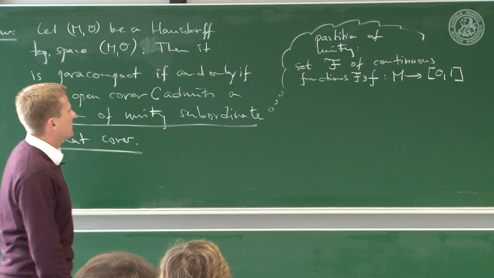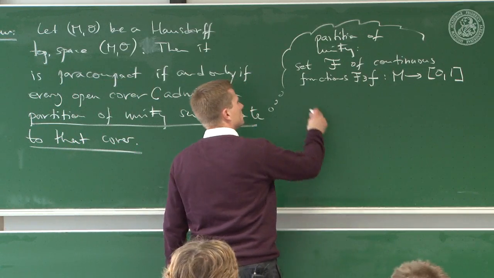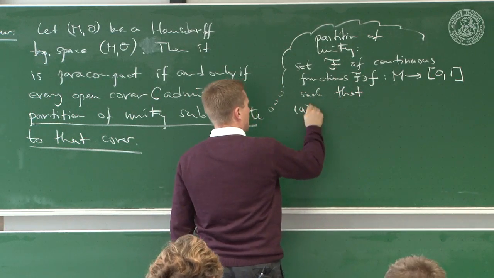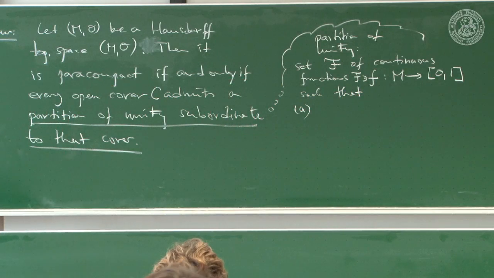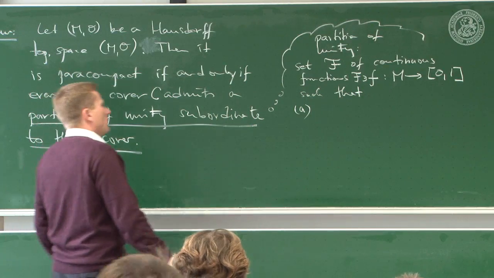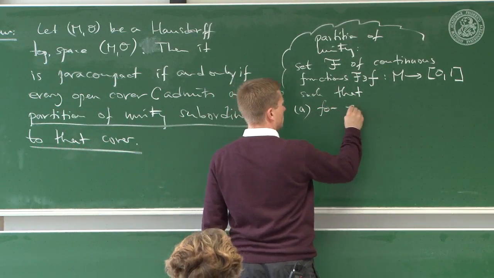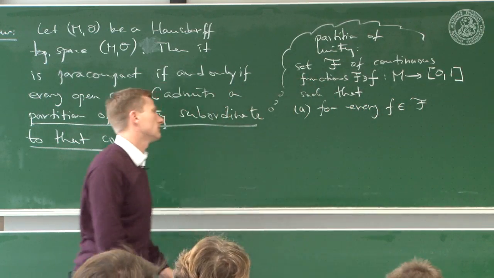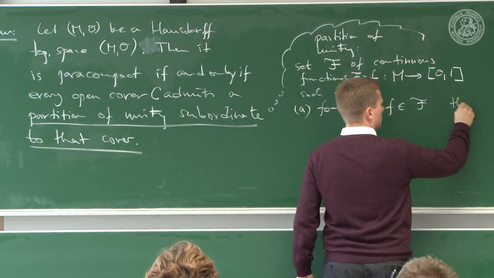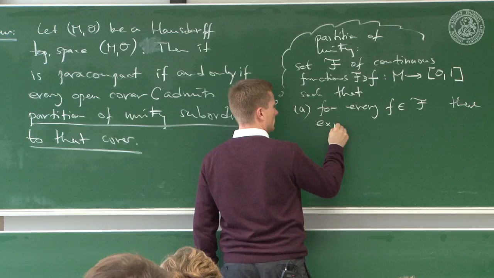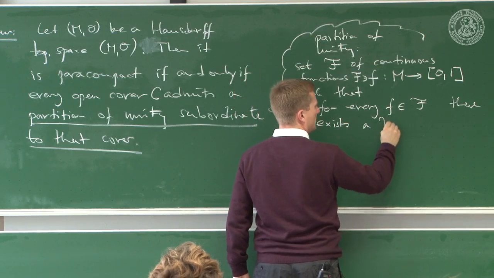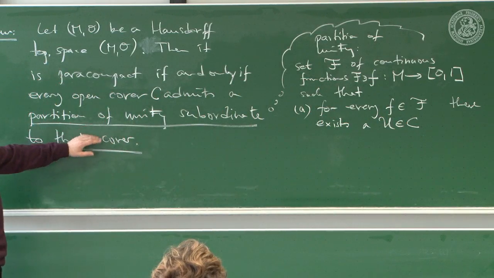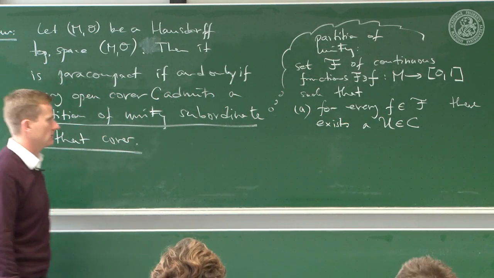It's a set F of continuous functions f such that, first, for every f in that collection, there exists a U in the cover. So you see it's the partition of unity subordinate to a given cover.